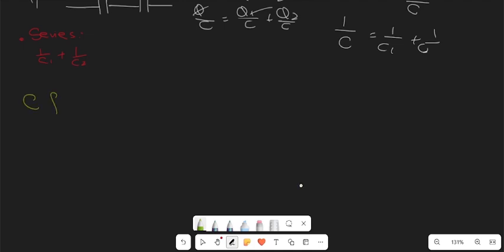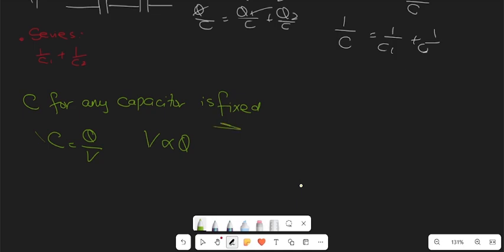Capacitance for any capacitor is fixed, which means if you look at the formula, C equals Q by V, and if I were to remove this equals sign, I can say that V is directly proportional to Q. Why? Because this C, for any capacitor, is fixed. That means C here was a constant, and it was essentially like this, VC equals Q. Since C is a constant, I remove this and I can say V is directly proportional to Q.